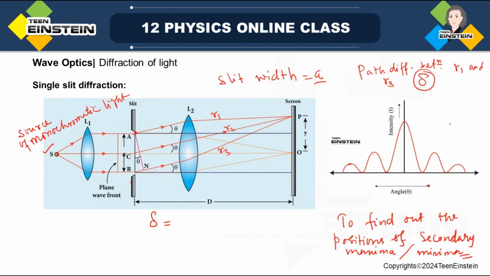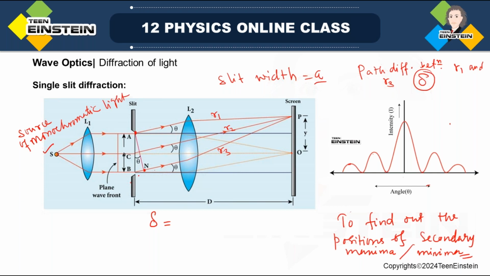The path difference between these two points is zero up to here, since they are at the same distance from P. If a ray goes from here and from here, they will travel the same path.